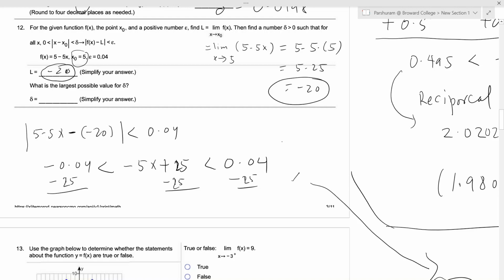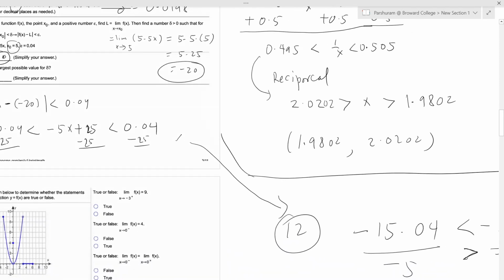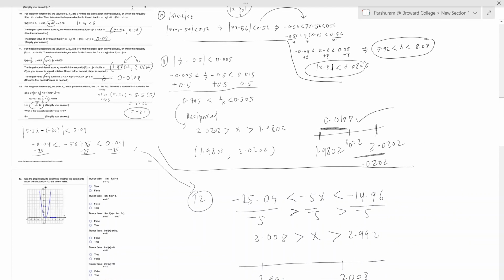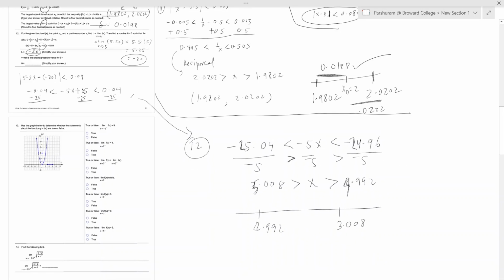So when I subtract 25, now this problem becomes negative 25.02, negative 24.96, and if I divide, it will be 5.008. And if I divide negative 24.96 by negative 5, it will be 4.992. So x should be in between 4.992 and 5.008.